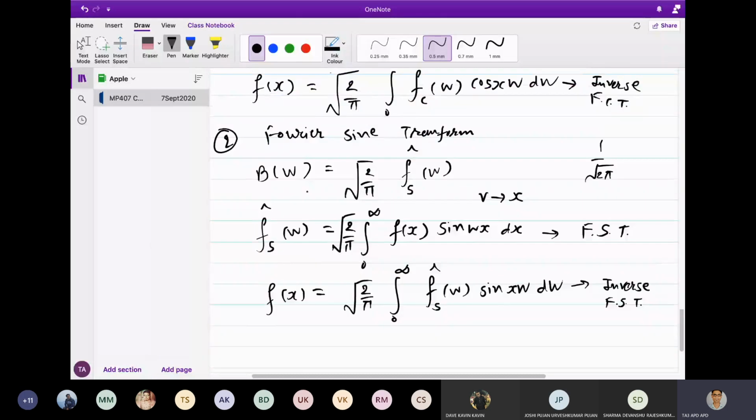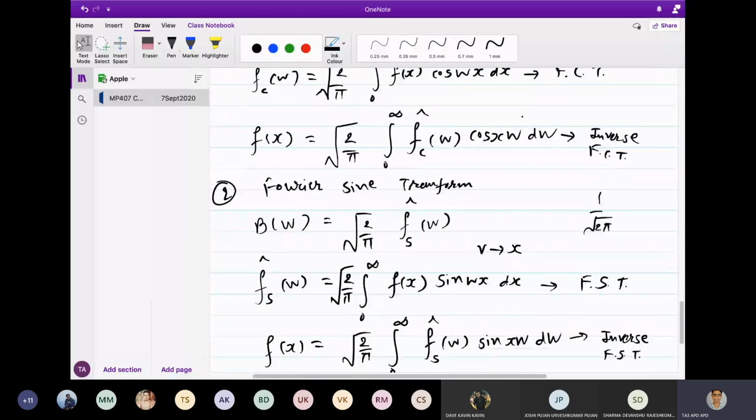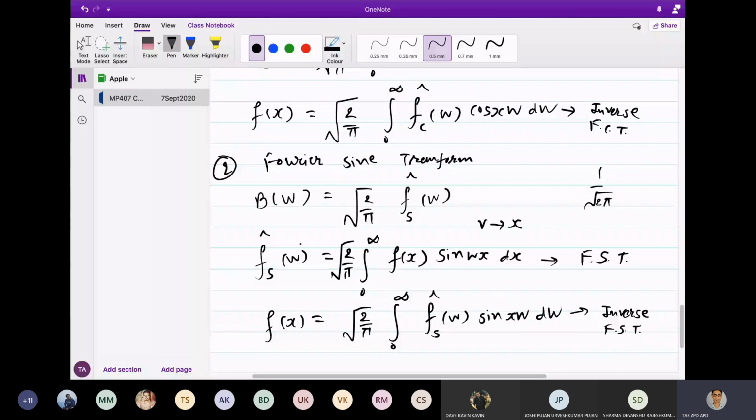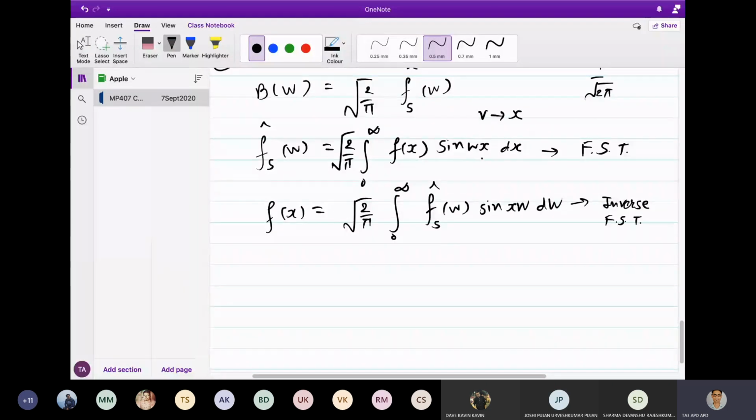So we have seen these two things, the Fourier cosine transform and the Fourier sine transform. You are multiplying the function by the sinusoidal component, and then you integrate it from 0 to infinity multiplied by this coefficient. So we will combine these two now to find the complex Fourier transform.